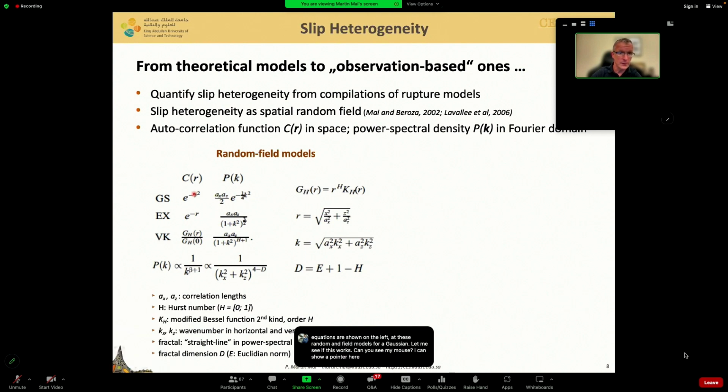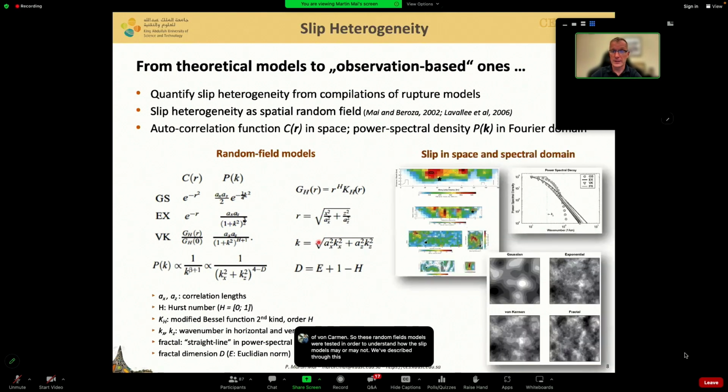There's a pointer. So we have a Gaussian model, an exponential distribution, and von Karman. These random field models were tested in order to understand how the slip models may or may not be described with these. This was sort of the input, a whole range of slip models. These are, again, these Gaussian or fractal distributions shown as an equation on the left as simple examples.